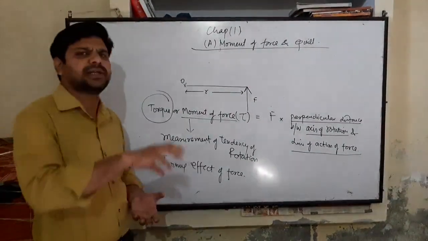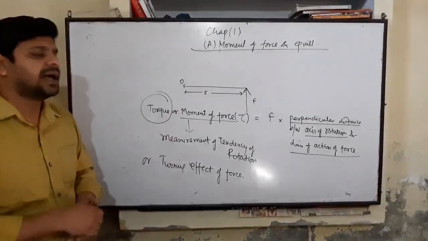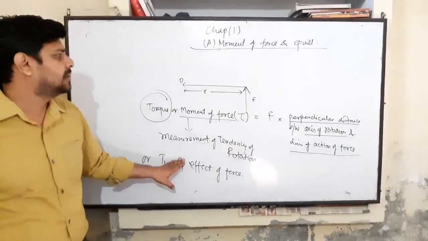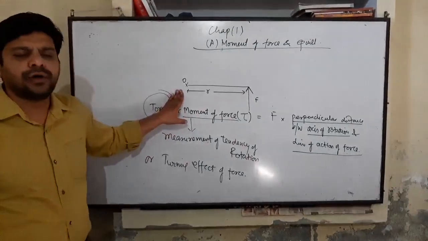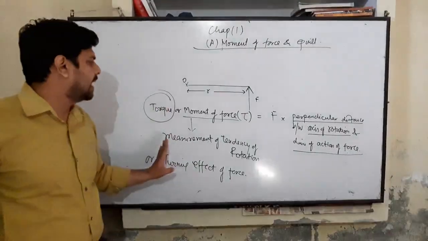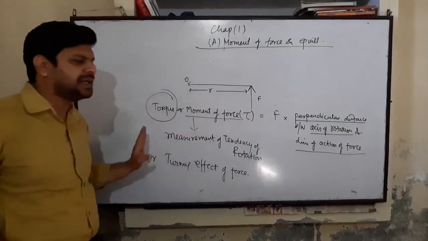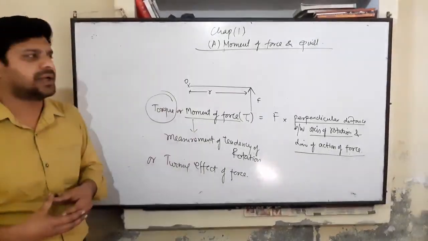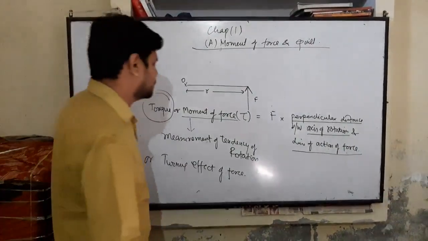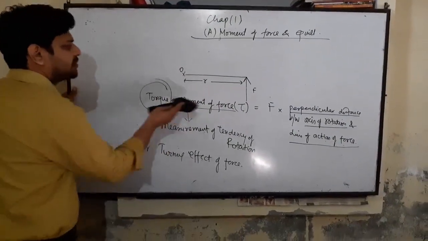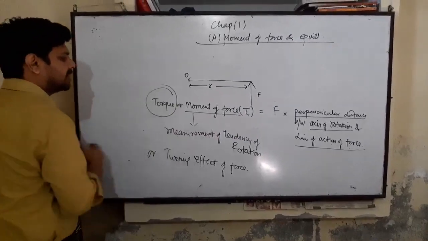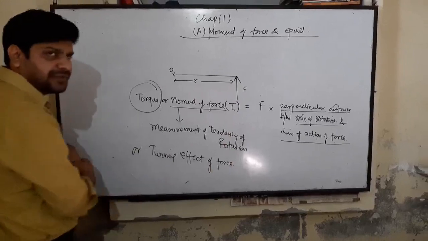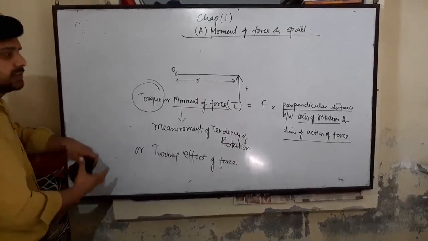It tells us about the tendency of rotation of a body. Higher the moment of force, higher the tendency of rotation of an object about the axis of rotation. Got it? Higher the moment of force or torque means the object has higher tendency of rotation about a fixed point. So this is the formula and definition, and these are the general terms: moment of force is also called measurement of tendency of rotation or turning effect of force.